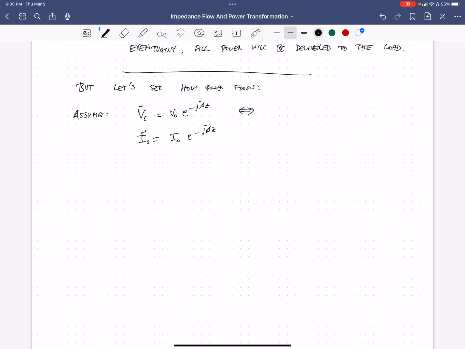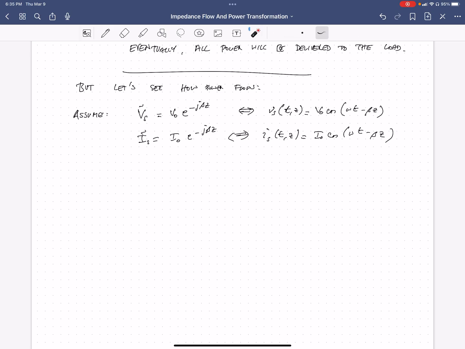The actual voltage as a function of t and z that corresponds to this phasor is V0 cosine of omega t minus beta z. And the current is I0 cosine of omega t minus beta z.